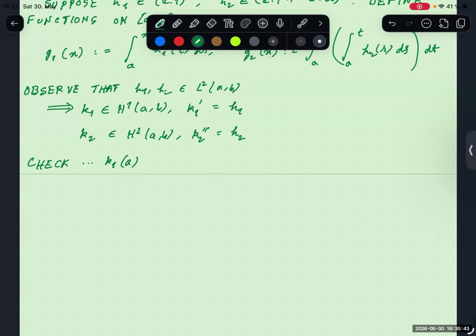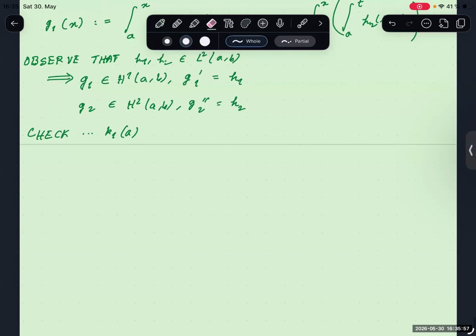Sorry, I am using two different notations, I mean g. So this equals 0, and so is g2 of a.